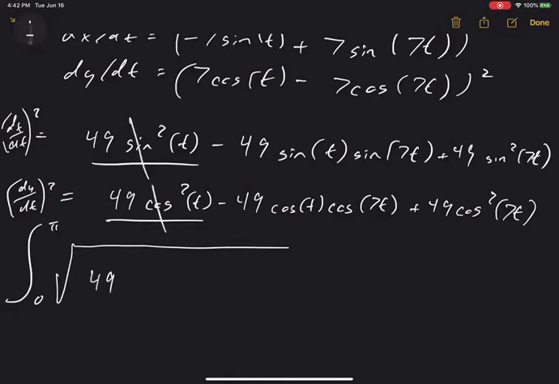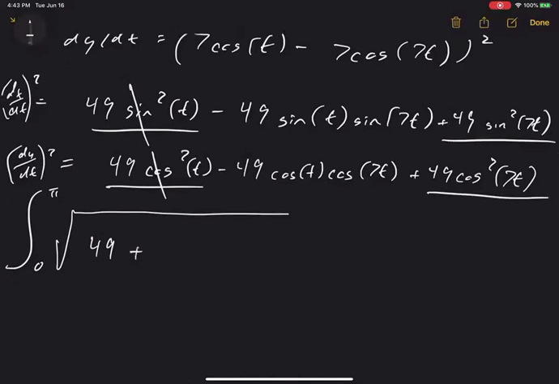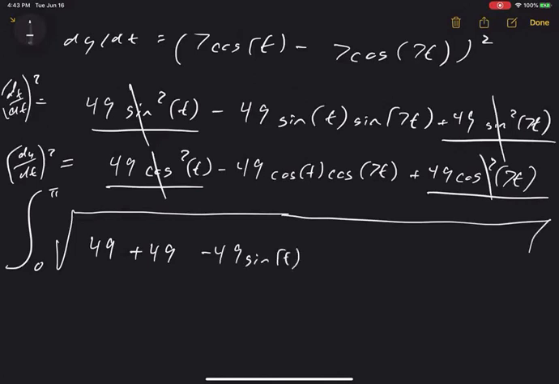And then I have 49 sine squared of 7t plus 49 cosine squared of 7t. That's another 49. And then I have this stuff: minus 49 sine t sine 7t minus 49 cosine t cosine 7t.